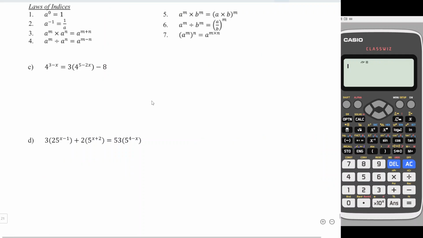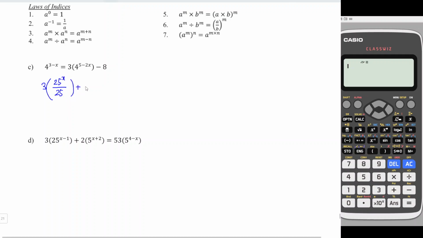Example of this video, again we will use the same method in part C. Since we have 3, 2, 5, all of them are prime factors, which means that we are not able to find the common factors here. Then we just rewrite the equation. 3 minus is equal to 25, so we have 25 to the power of x over 25 to the power of 1.